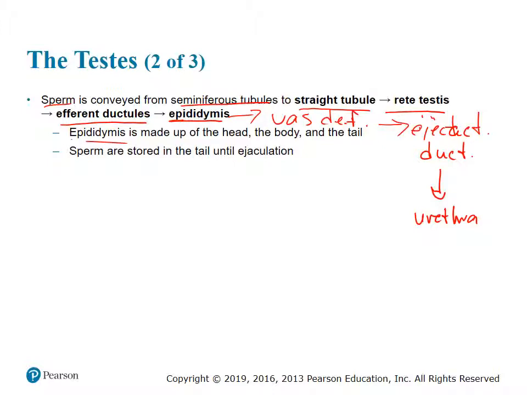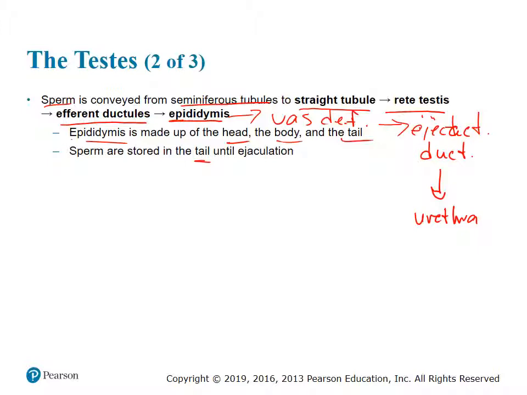So the epididymis is made up of 3 areas. We call those the head, body, and tail. Sperm gets produced in the head and body and actually gets stored in the tail. There is a time frame of sperm from immaturity to maturity, so there's a time frame of sperm having to get mature.